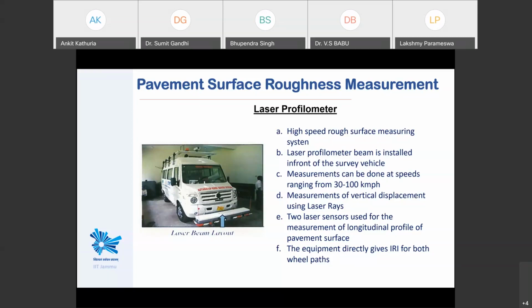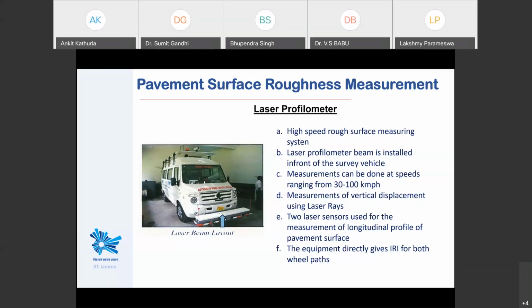The measurements of the vertical displacements are done using laser rays. Two laser sensors are used for measurement of the longitudinal profile, one on the right wheel and the other on the left wheel.